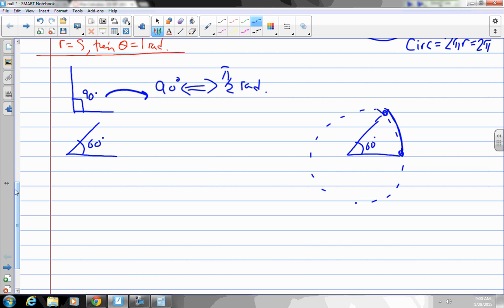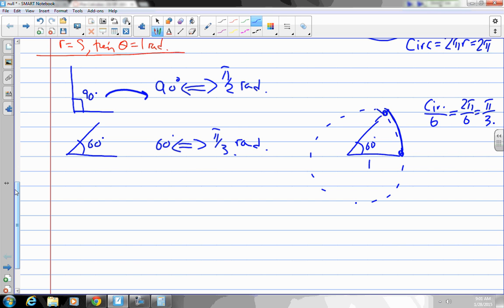So the arc length is the circumference of the circle divided by 6. And again, if I let the radius be 1, then that becomes 2 pi over 6, or pi over 3. So the radian measure of a 60-degree angle is pi over 3 radians.